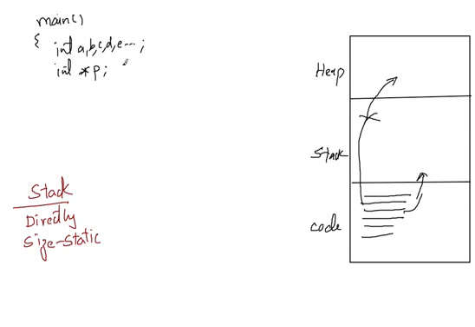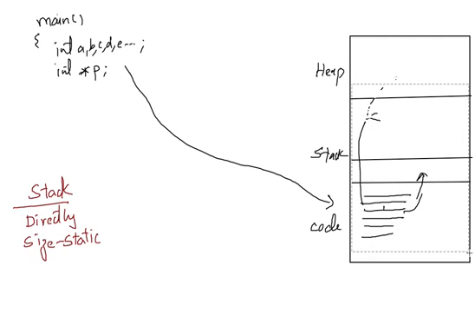If I take this code that is running inside main memory, once the program is loaded, the memory is allocated for these variables from stack.